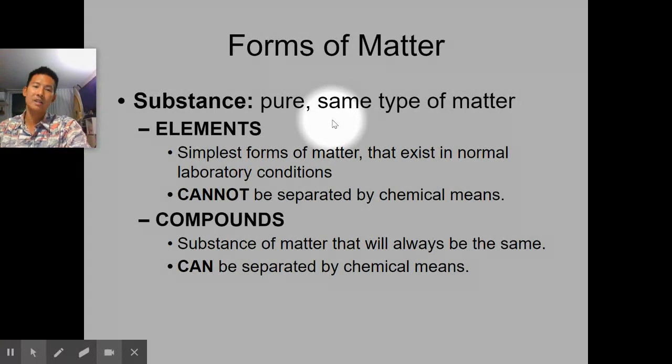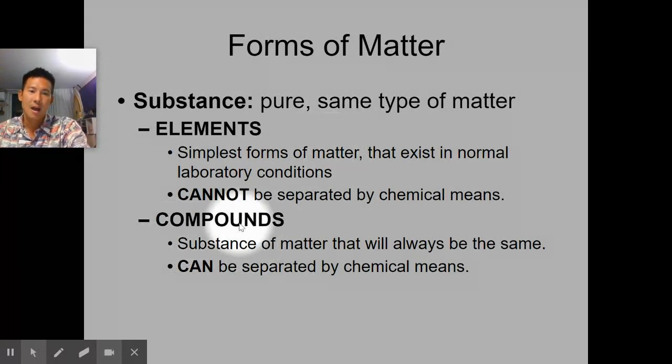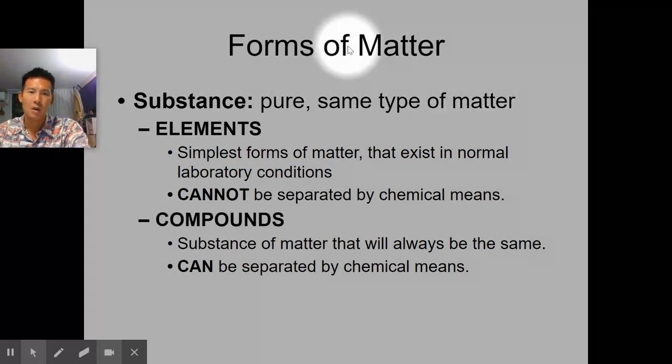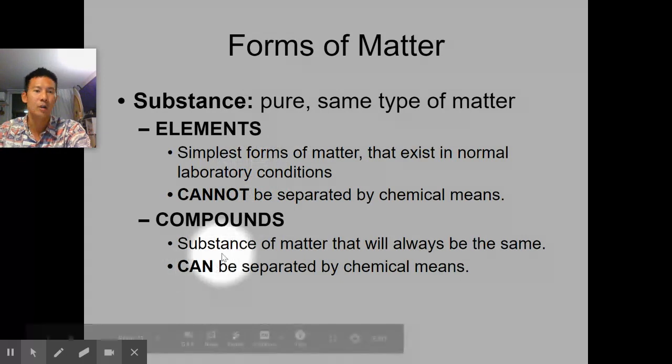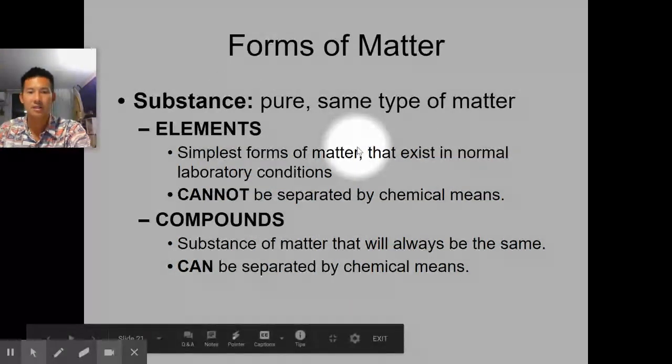So that makes it a compound and a pure substance. These two forms of matter are known as substances: elements and compounds.